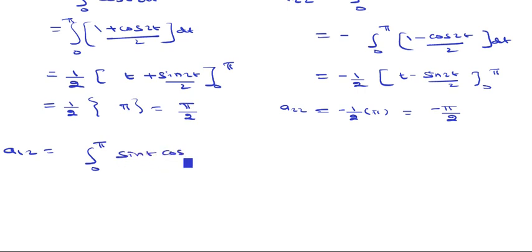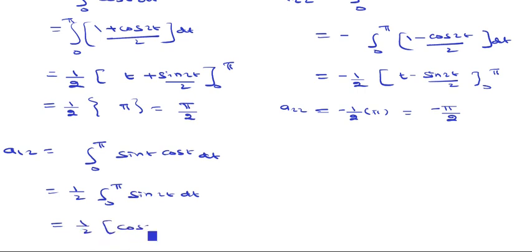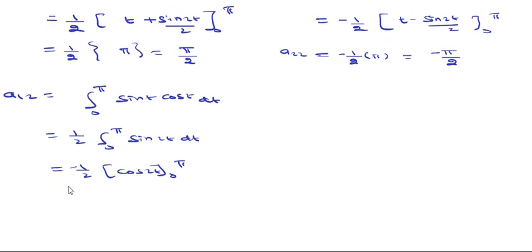So sin t cos t dt. This can be written as 1 by 2 integral 0 to pi sin 2t dt. When we integrate, we get minus 1 by 2 cos 2t, the limit is 0 to pi. Cos 2 pi is 1 and cos 0 is 1. 1 minus 1 is 0. Therefore, and similarly a21 will also be 0.